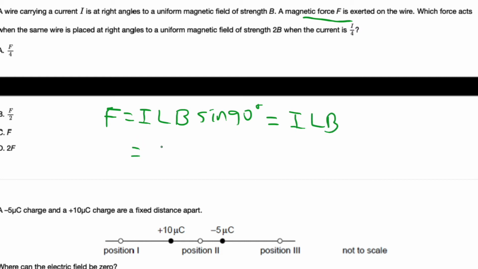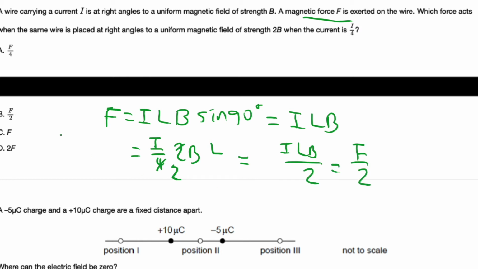And now the field has become 2B, so I is equal to I over 4 times 2B times the same length, still times sine 90 degrees, which is equal to 1. So this is going to be equal to ILB over 2, which is going to be equal to F over 2. So the answer is B.